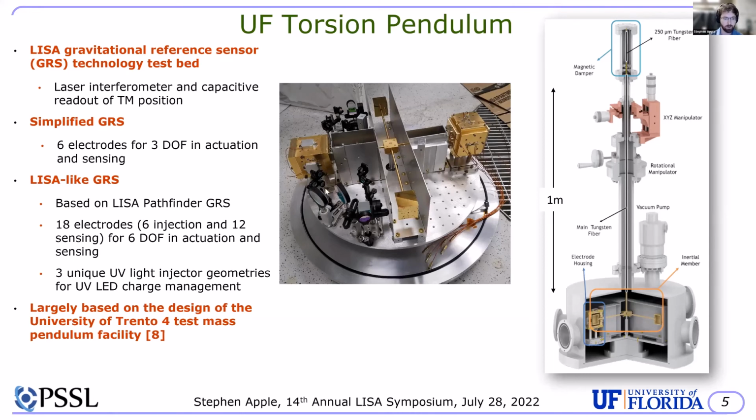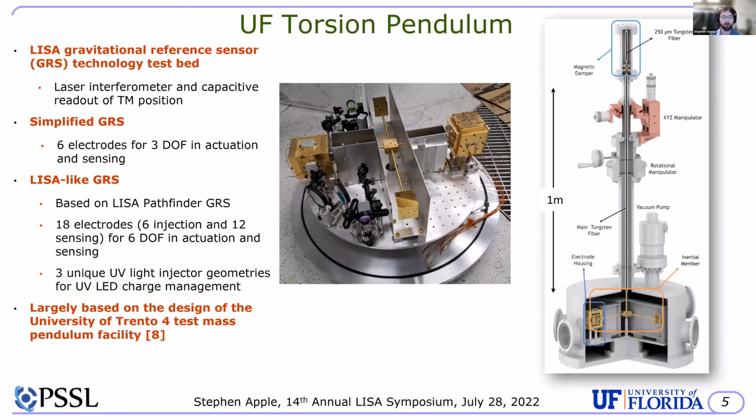With the pendulum, we have 2 methods of measuring the position of our test masses. One is a capacitive readout scheme, similar to the LISA Pathfinder capacitive readout scheme. With this method, the GRS measures the position of the test masses by measuring the position-dependent capacitance of a set of electrodes around the test mass.